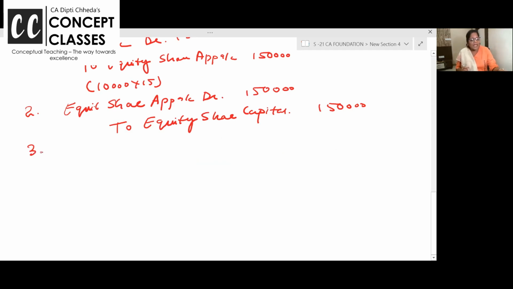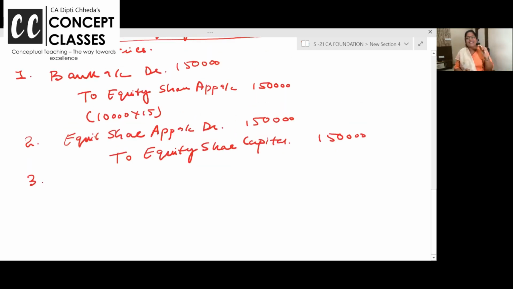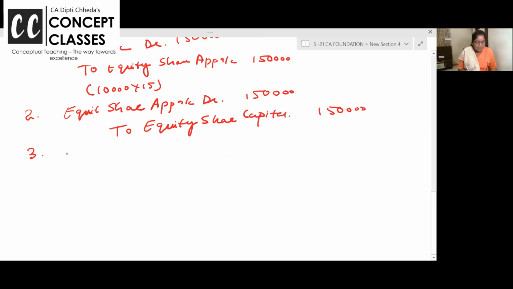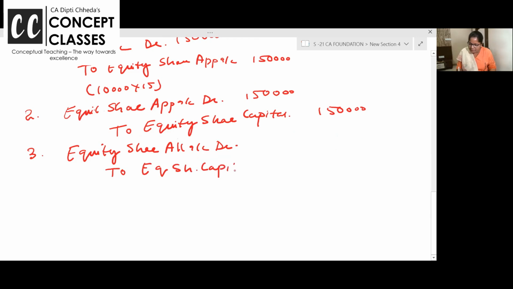Third, now it's time to call the allotment money, that is 20 per share. So listen, dear students, application is received first and then transferred to capital. Allotment will become due first. See how: equity share allotment account debit to equity share capital.